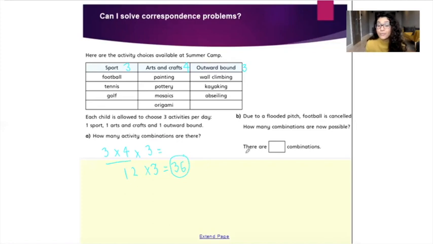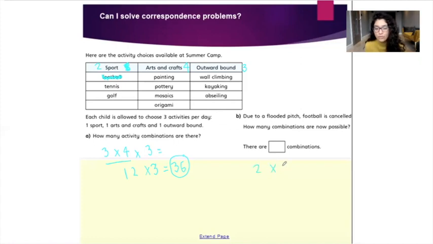Part B says that football has been cancelled, so there's no more football. So I'm going to cross that out because we don't need that anymore. Now, how many combinations are possible? So now that football's been taken away, I need to recalculate how many possible combinations there are because we don't have 3 types of sport available anymore. We only have 2. So work it out exactly the same way, just with different numbers.